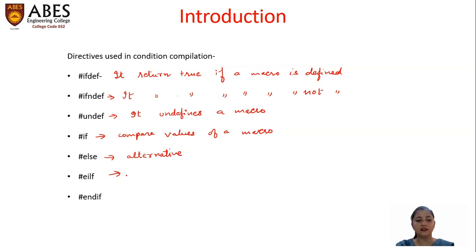Next is #elif. If we have multiple conditions, then we use an else if ladder. Just like that, in the case of preprocessor directives, if we want to compare multiple values of a macro based on multiple conditions, we will be using #elif.